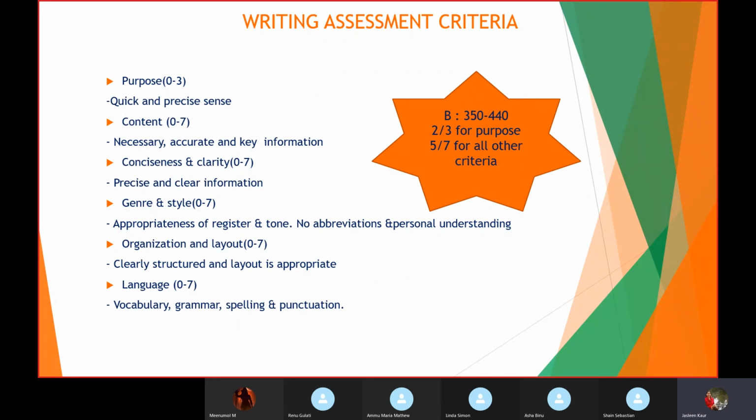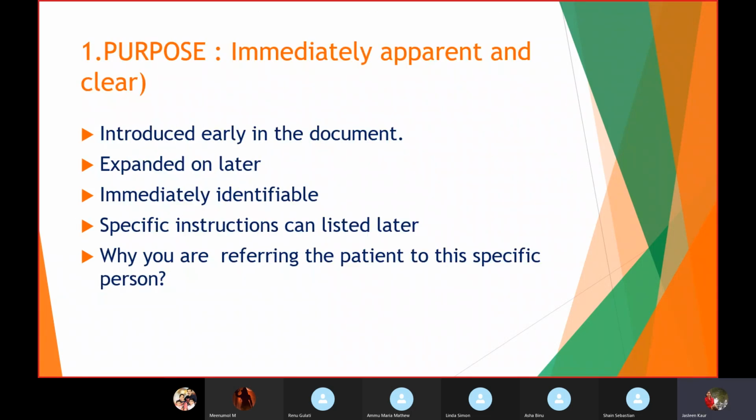The remaining 5 by 7 comes from the other criteria, but purpose is the main one. Now we'll discuss these points in detail, how exactly you have to write the purpose. It has to be immediately apparent and clear.